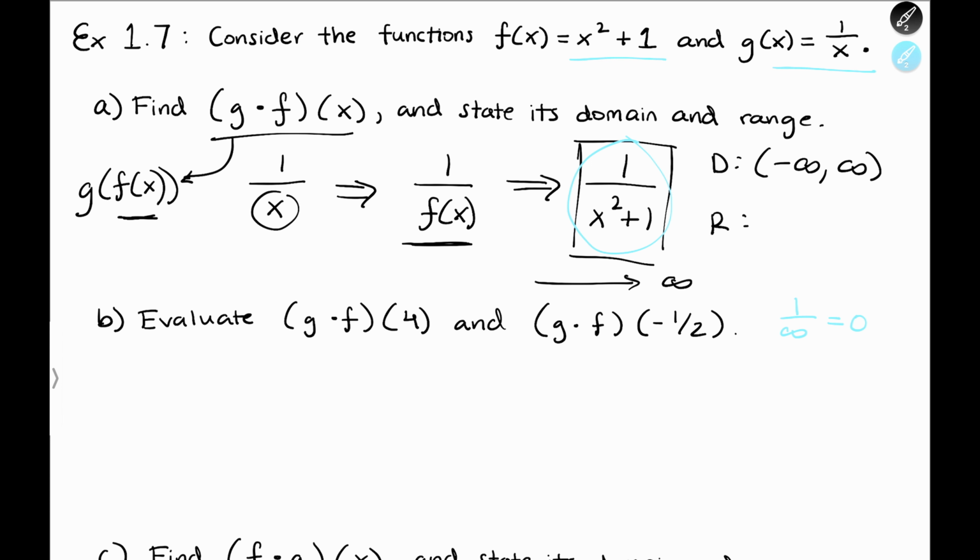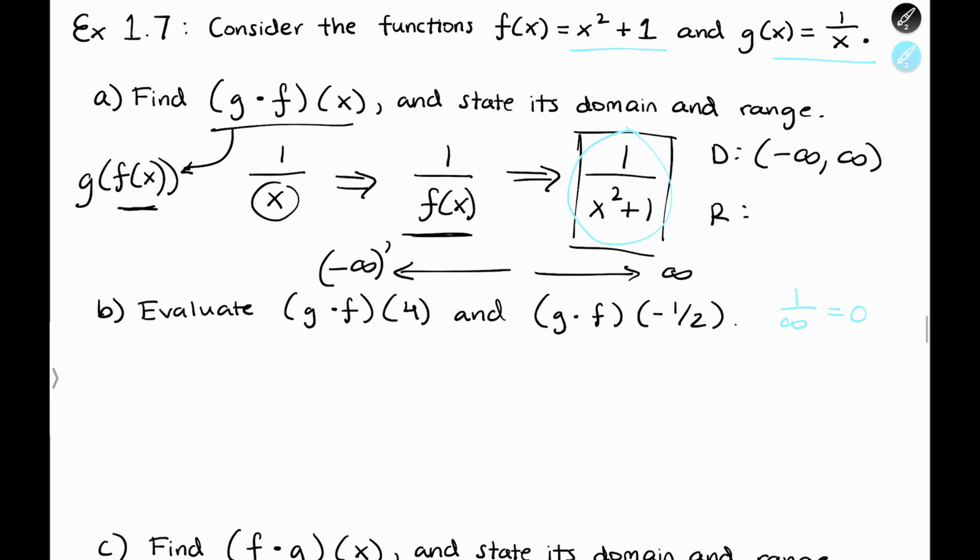And if we were to go all the way to negative infinity, let's say, it'll be the same thing, because negative infinity squared is just infinity. So this will have the same result. It will go all the way to 0. So basically what this is saying is that as the function increases or decreases, it gets closer to 0.